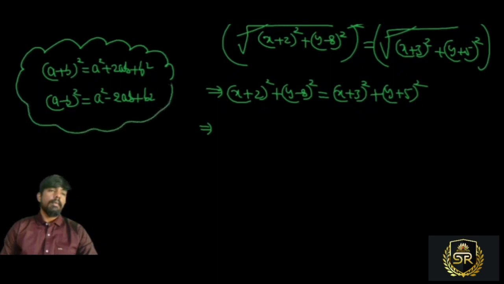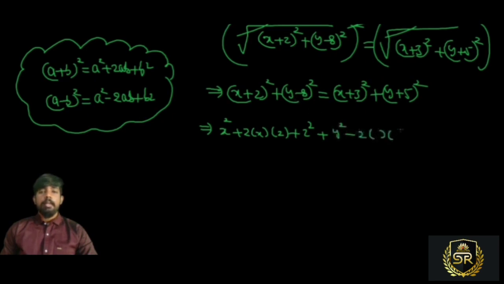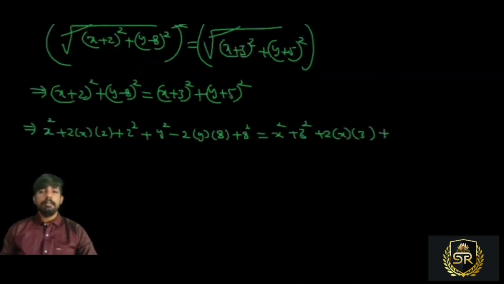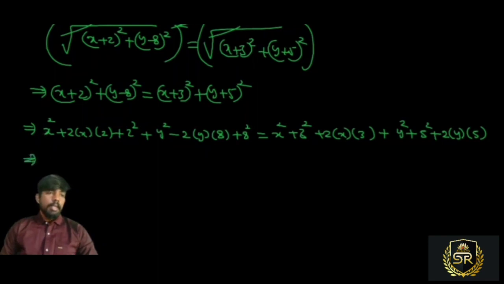So following the formula, this is x square plus 2ab plus 2 square, plus y square minus 2ab plus 8 square, is equal to, next, a square plus b square plus 2ab, a is x, b is 3, similarly plus y square plus 5 square plus 2ab, a is y, b is 5.